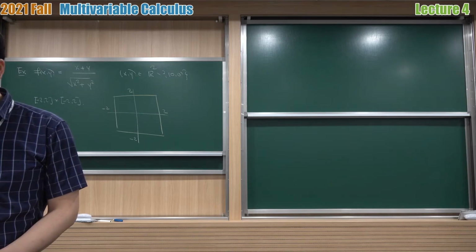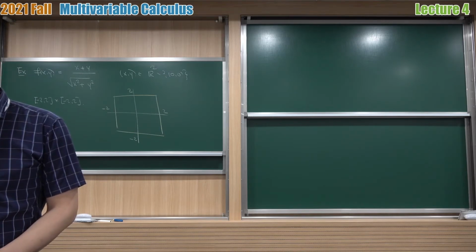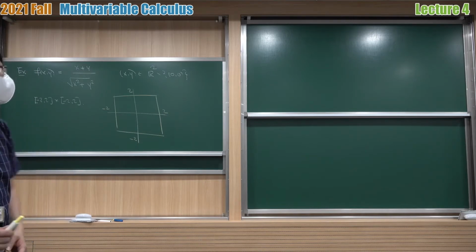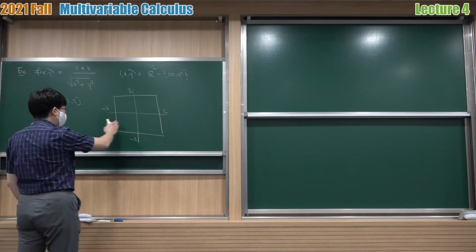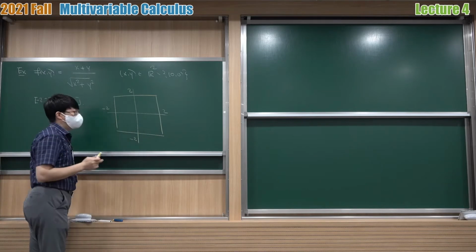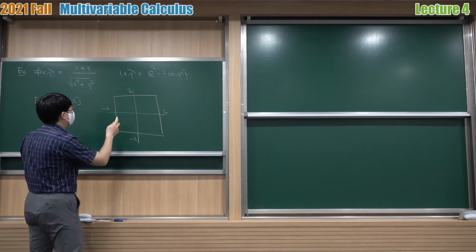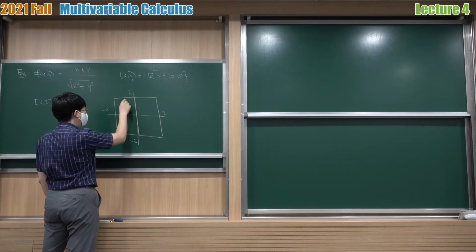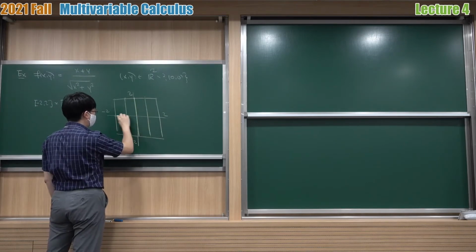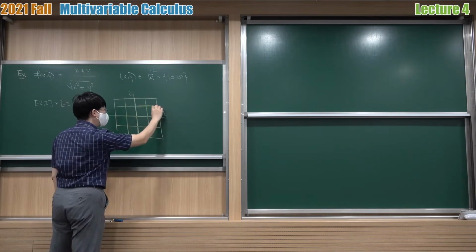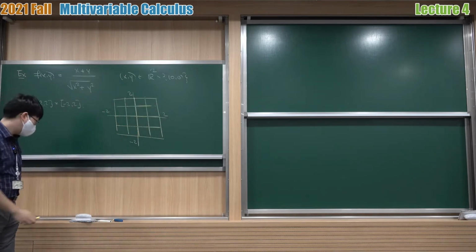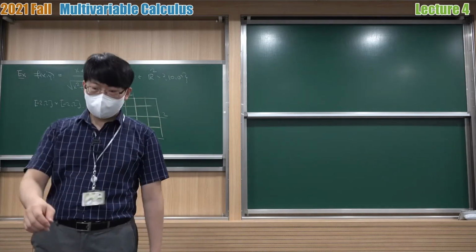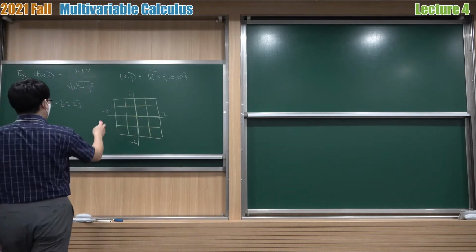Let's go to our code. n was the number of subdivisions. We had 20. I cannot draw 20 lines here, so let's make it 4. If you make 4 subdivisions, this is our grid, right? So we are taking a function value at every grid point.